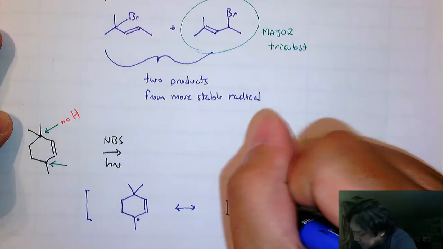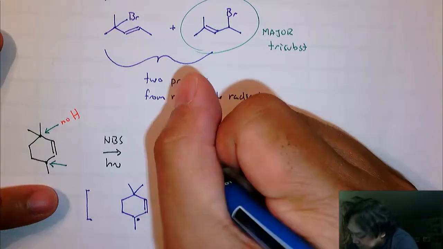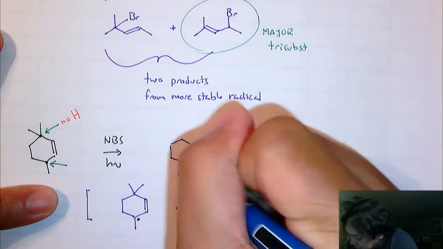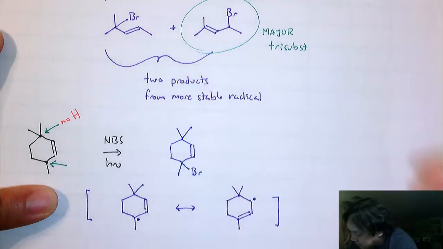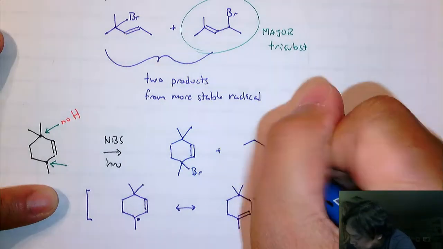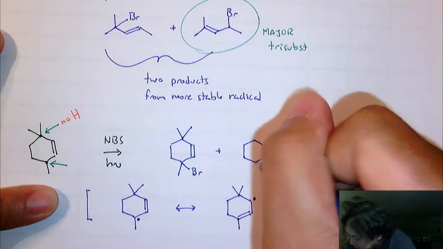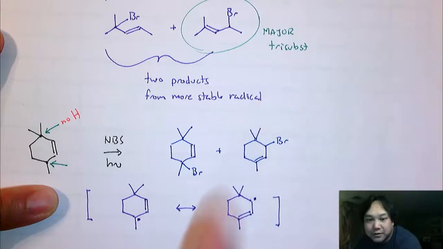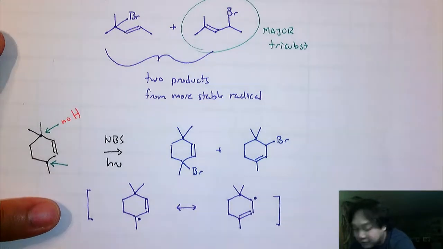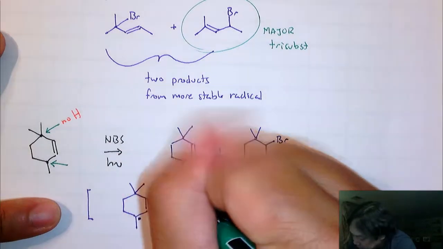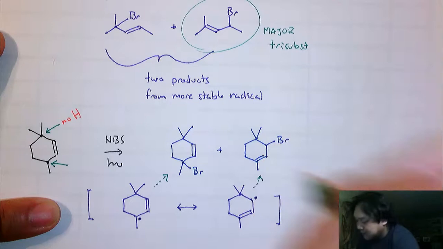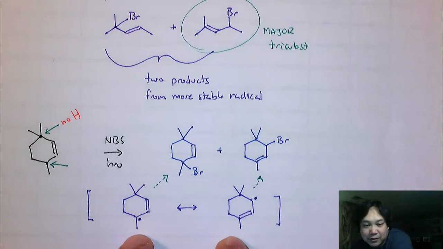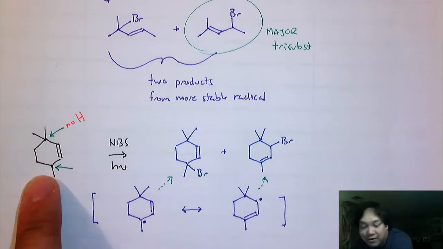Our 2 products are these 2. Are we going to get the same product? Double check my work. Those are my 2 products because they're coming from my 2 radicals. I know I'm saying 2 radicals, 2 resonance contributors to the radical made by abstracting this hydrogen.